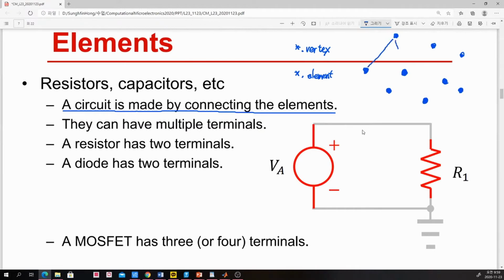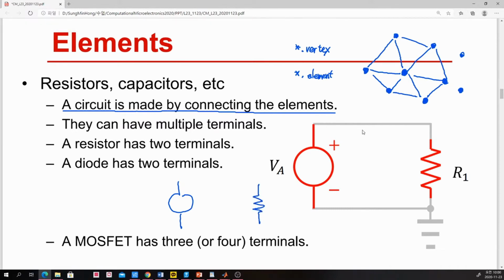Quite similarly, you have a voltage source and you have a resistor.